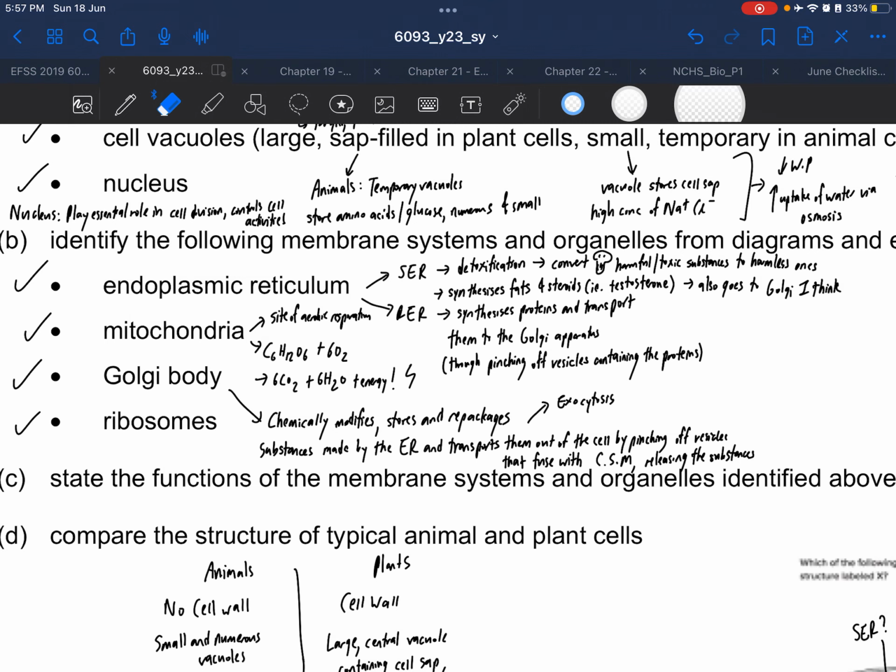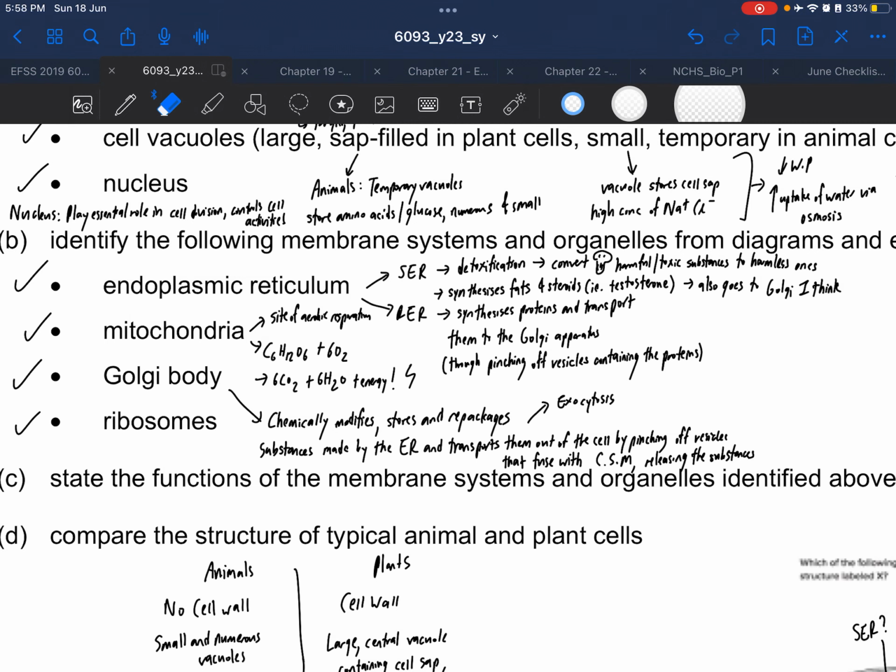It chemically modifies, stores, and repackages these proteins, and then pinches off vesicles, which are transported to the cell surface membrane for secretion outside of the cell. And actually this process is called exocytosis, and the vesicles fuse with the cell surface membrane to release these proteins outside of the cell.